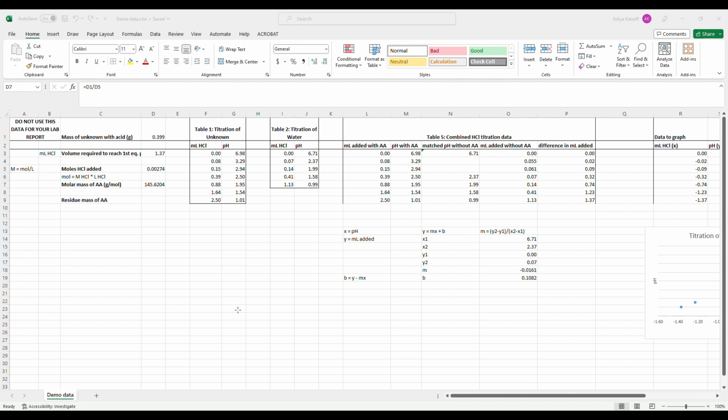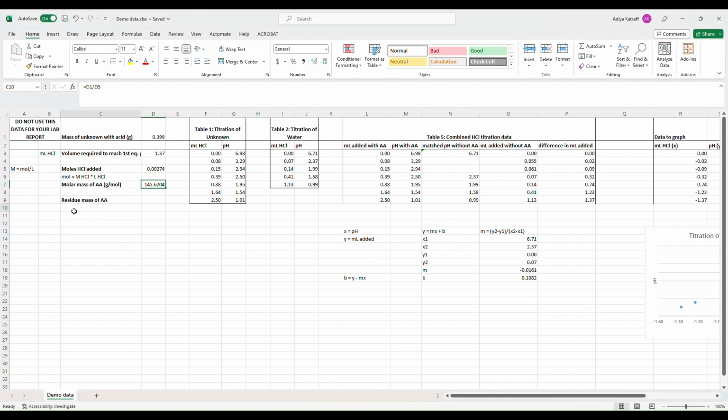So an isolated amino acid looks like this. When you put them all together in a chain, you're essentially doing a condensation reaction, and during that reaction you are losing a water molecule. So to calculate the difference between the isolated mass and the residue mass, you just subtract the mass of a water molecule, which is 18.02 grams per mole.